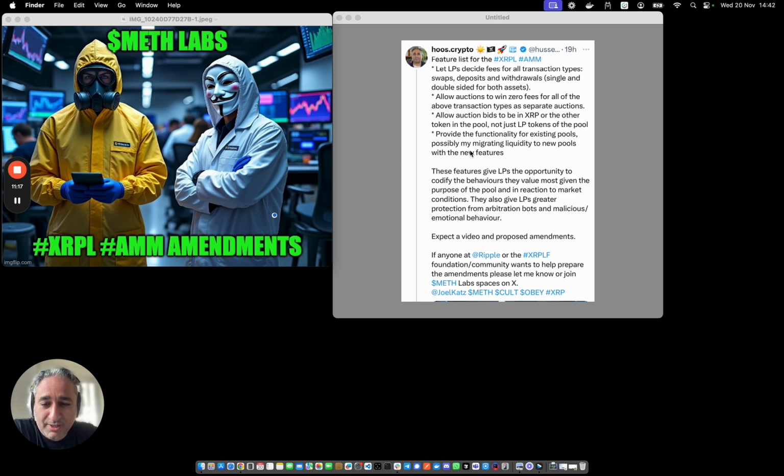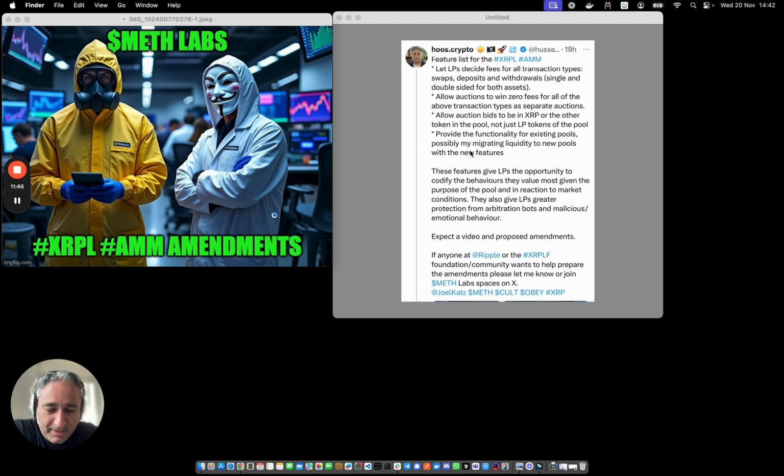It's a great feature. It's not being utilized at the moment simply because I think there isn't enough volume to justify it. The cost of the auction can be quite high, so you need to be transacting large amounts to benefit from zero fees. In any case, I would propose that auctions should be extended to all of the fee types that we would like to see introduced on the XRPL.